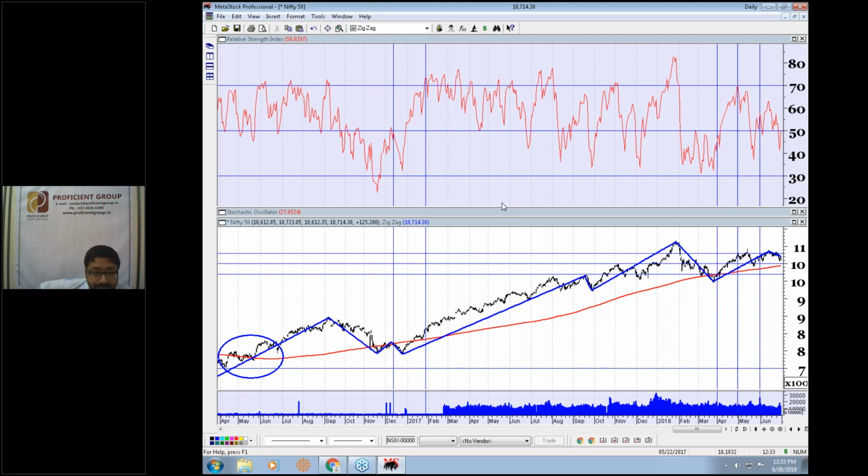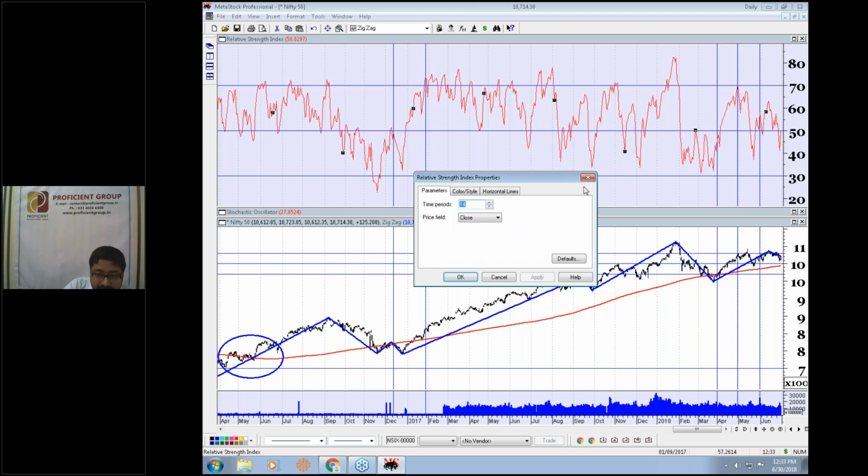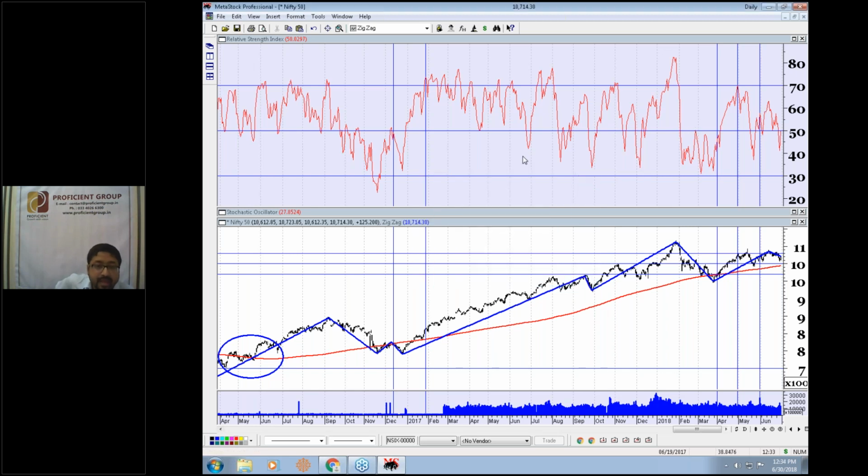Do not make that mistake, because this is more confirmation. This is more confirmation that prices are showing significant strength. The prices were in a protracted downward movement. After that, if RSI, for which I have used here the 14-day period, which is the default choice, goes above the 70 mark, this is a mark.